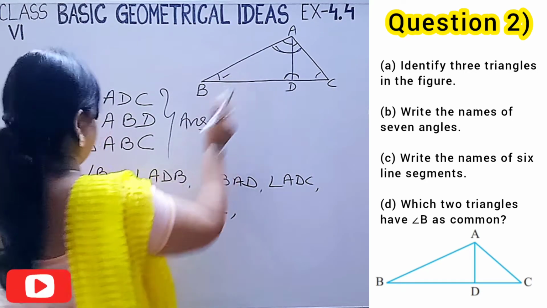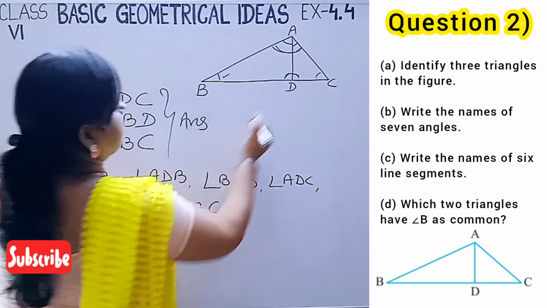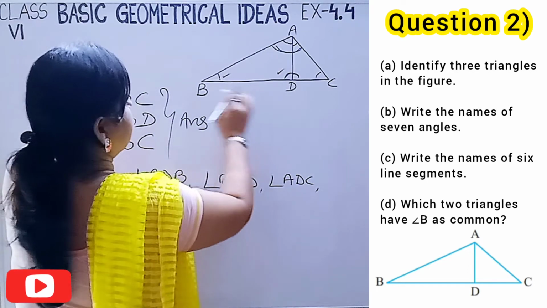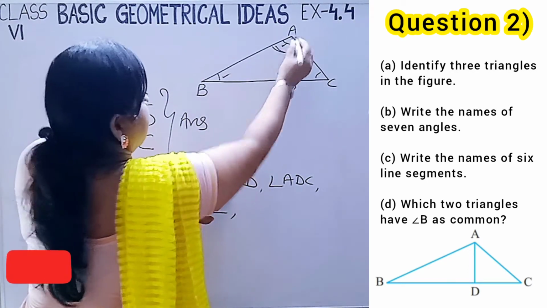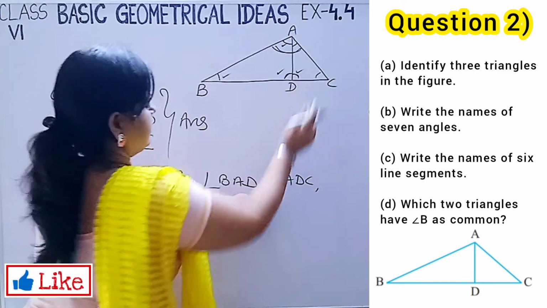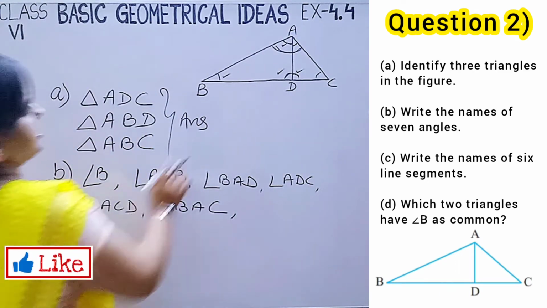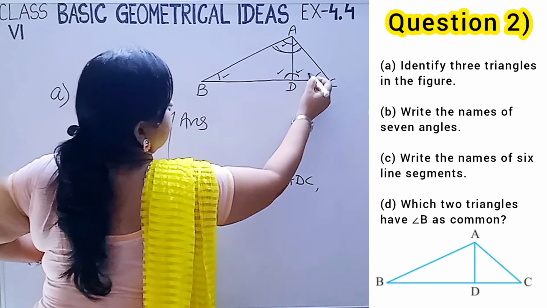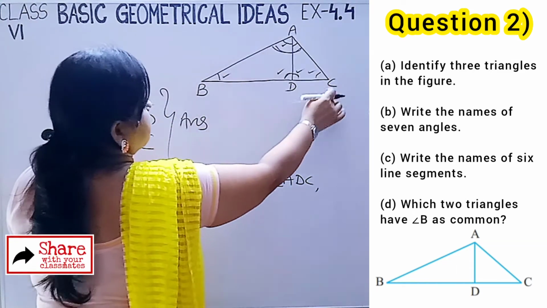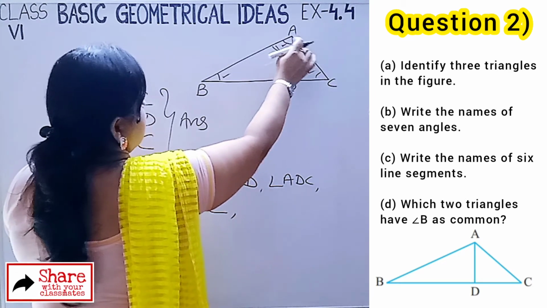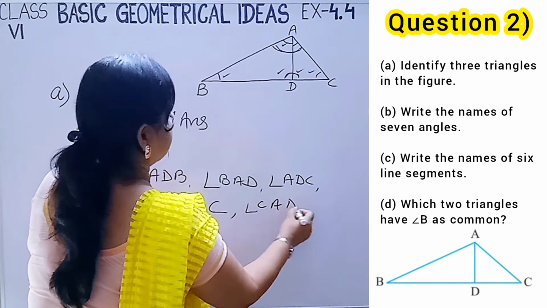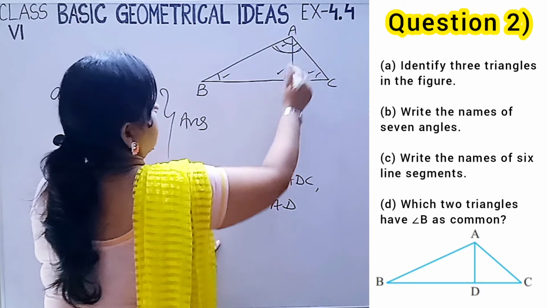So angle B, angle ADB, this one, BAD, this one, ADC, this one already written, ACD, yes, BAC. So this is also covered. Now the last one is CAD, this one.